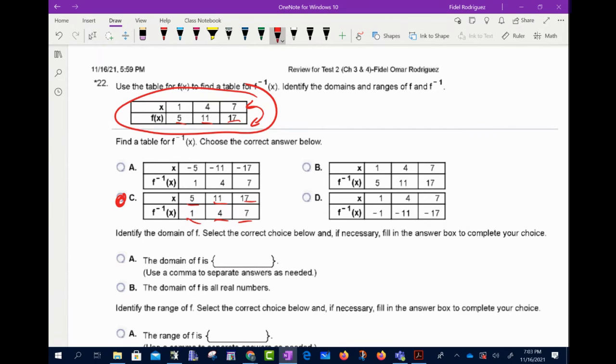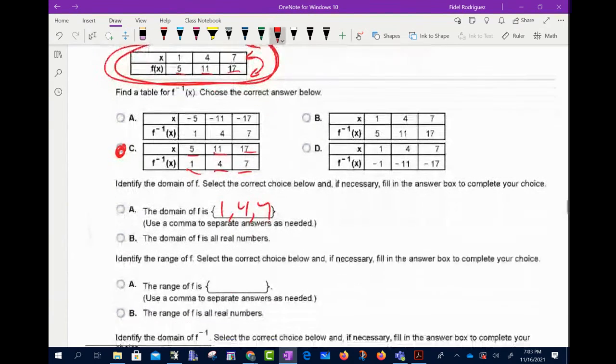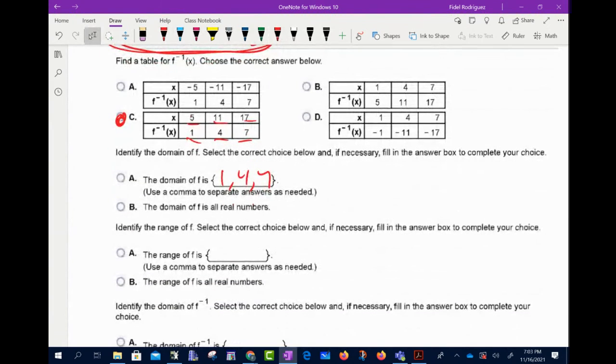Right? Okay. Now, it's asking me, what's the domain of f? Remember, the domain, y'all, refers to the x values. So my x values in this case are 1, 4, and 7. And then it says, what is the range of f?